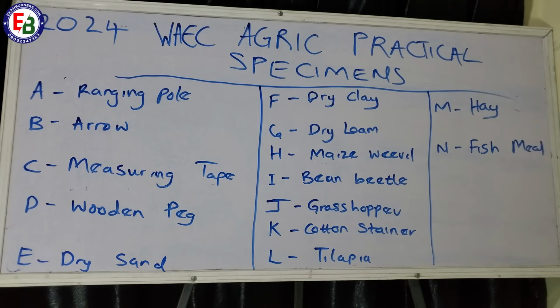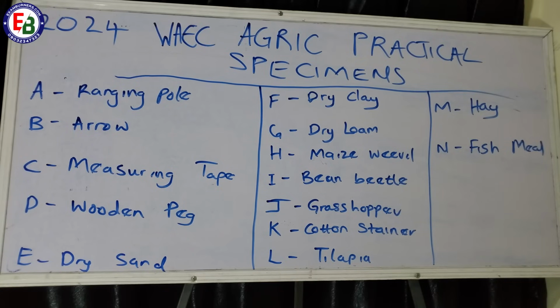So let's go to identification of specimen HIJKL. But before I go there, let me say something more on specimen EFG. We have different experiments when we're talking about soil in Agric. You can be told to determine the percolation rates. You can be told to determine the organic content in the soil.